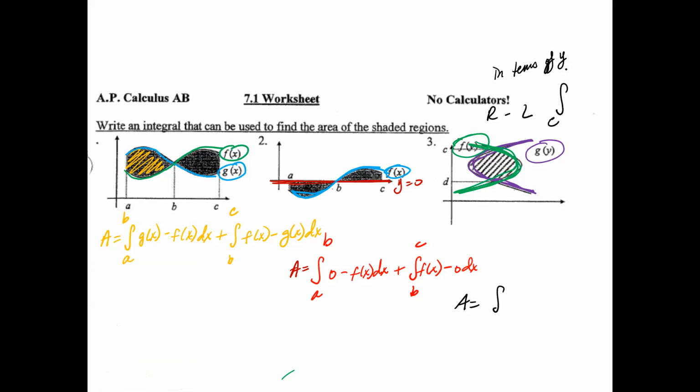So it has to be from c to d. Notice that's going up and down instead of horizontally on the x-axis from left to right. So this is going to be from c to d, right minus left. The right is the green part, which is f of y, minus the left side, which is g of y, and then it's dy.